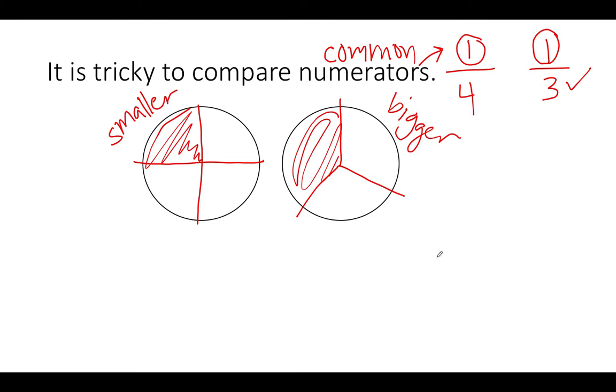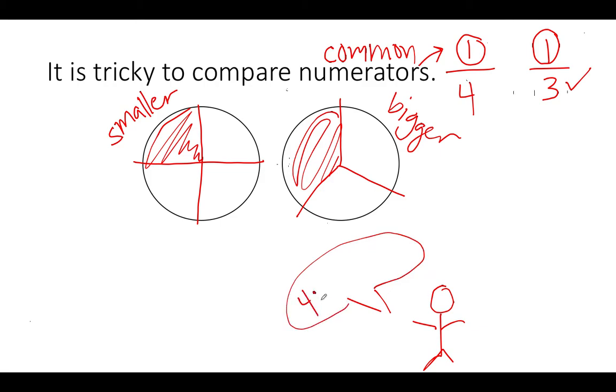Because normally, if you were like a little kid, here's a little kid. A little kid thinks 4 is more than 3. I'll pick the 4. But a big kid like you knows that it's not really 4. It's really a 4th.